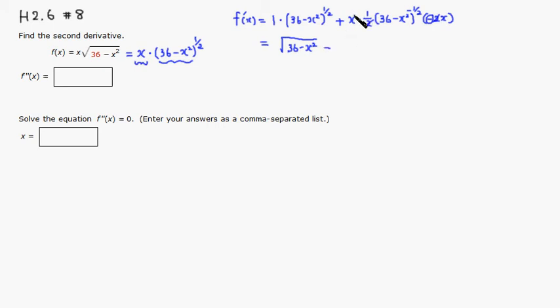There's x squared on top, so here's x, and here's another x, don't forget, x squared on top. Then divided by, since it's a negative power, it's going to be on the bottom, so you have a square root of 36 minus x squared.